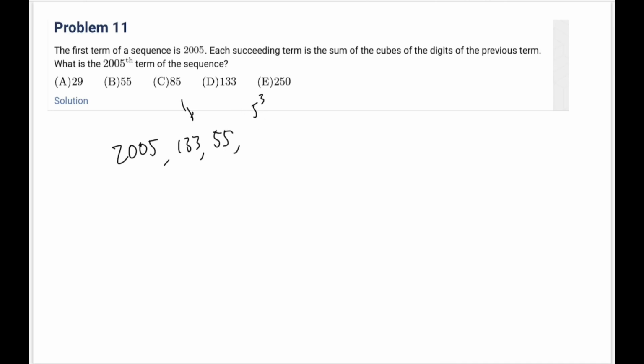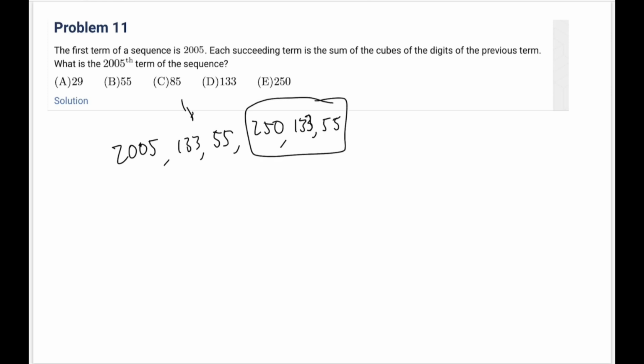And then 5 cubed plus 5 cubed, this equals 125 plus 125, this is 250. And so the results of this will be the same as the results for this, right? Because we have only 2 and 5, and same here. And so these three, 250, 133, 55.